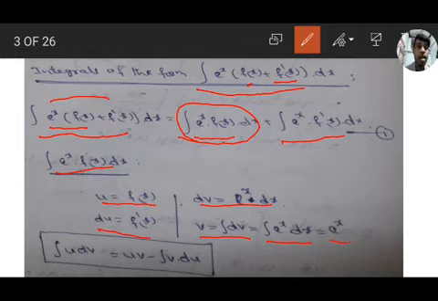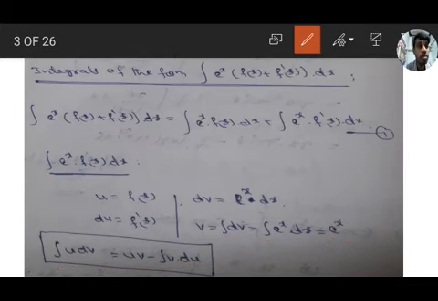We have the formula integration of u dv equal to uv minus integration of v du. u means f of x, v means e to the power of x, du means f dash x dx.